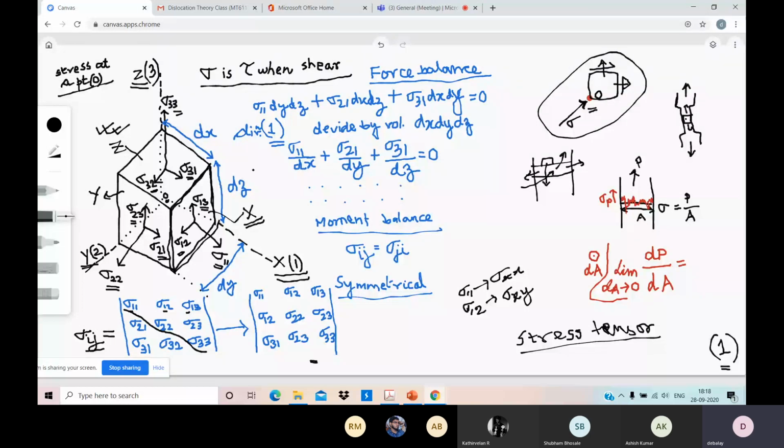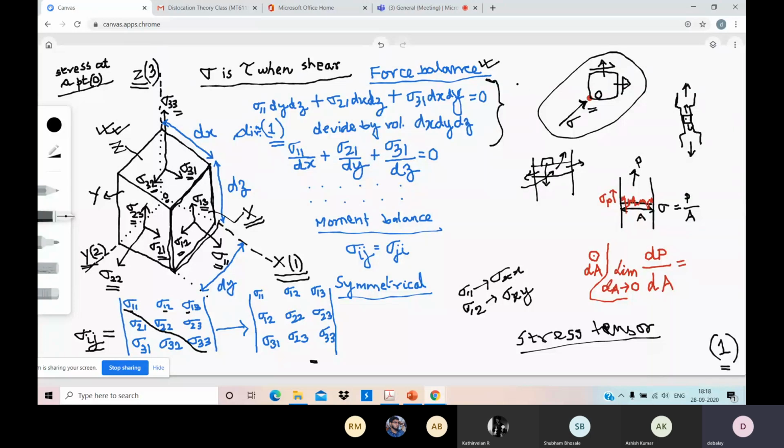Now, for a body to be under static equilibrium, two conditions need to be satisfied. What is the first condition? The first condition is that net force in any one of the directions has to be zero. That is called force balance.